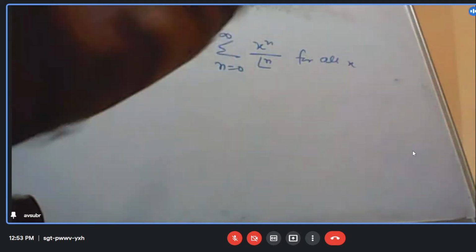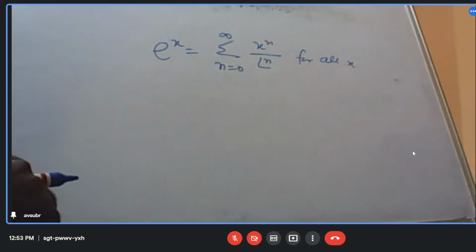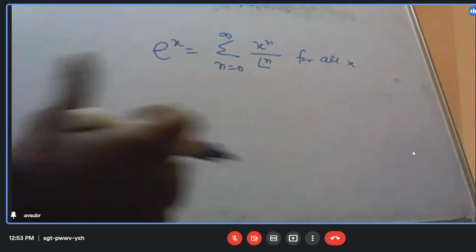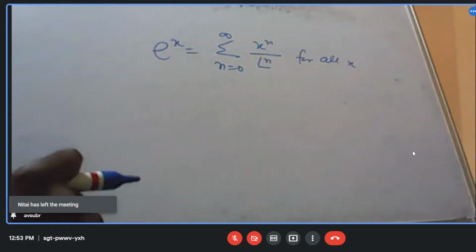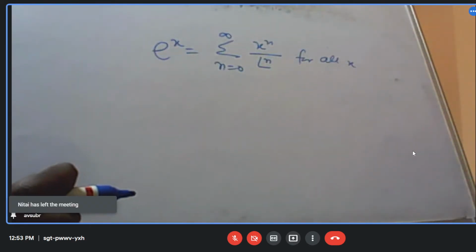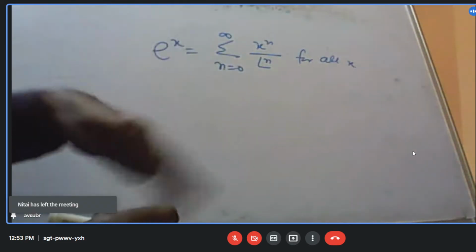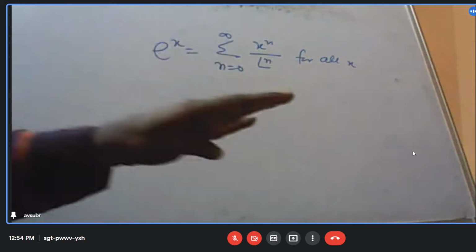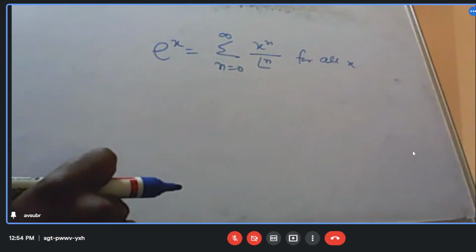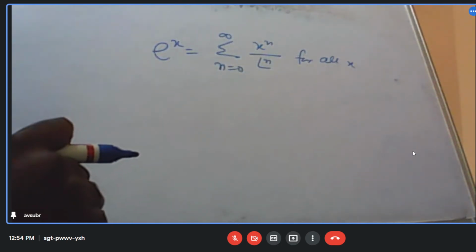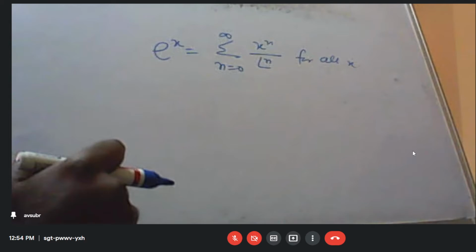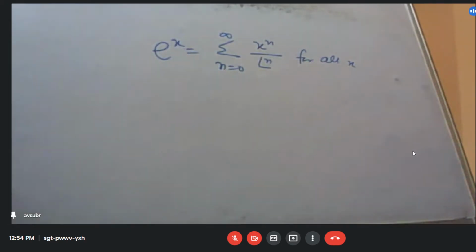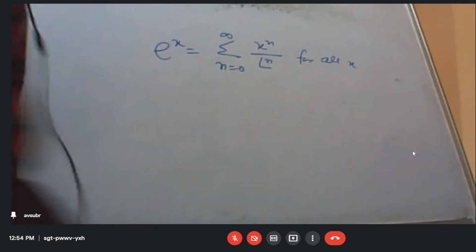After that, you can simply chop it off, and that is not going to affect your result by much, because you have already taken that error into consideration. I hope it is clear to you all. This is what the meaning of this is.